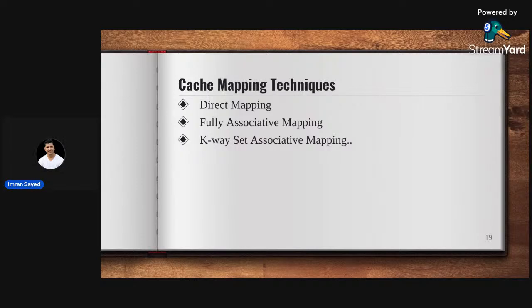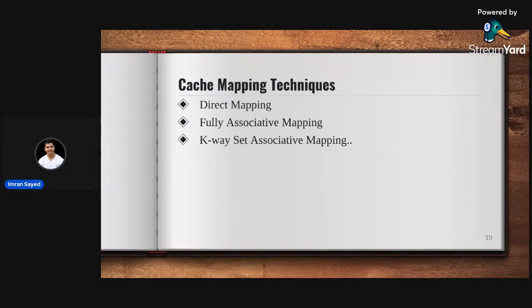If I had to tell you in brief, direct mapping is a cache mapping technique where a block of the main memory is aligned to a specific line in the cache memory. However, in fully associative mapping, each block can be aligned to any of the memory lines that are available in the cache memory, depending on availability.